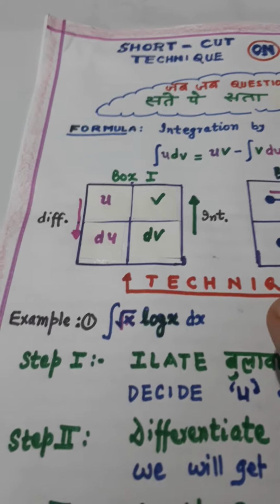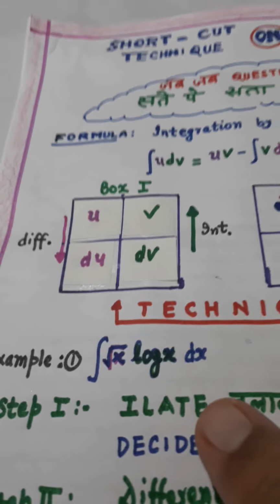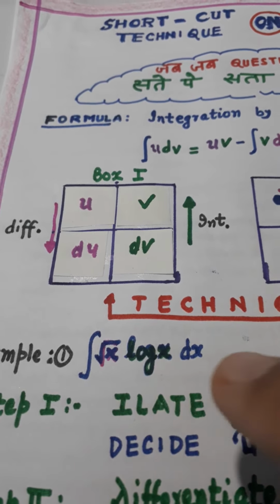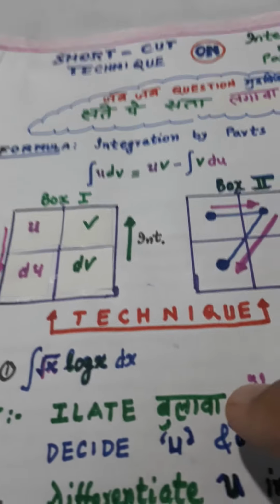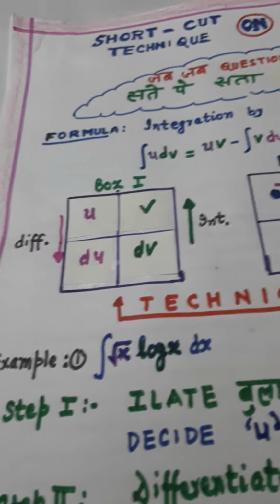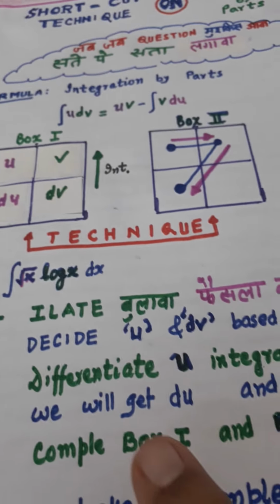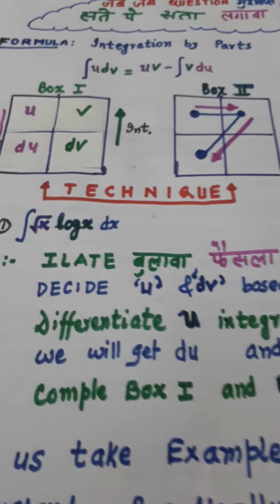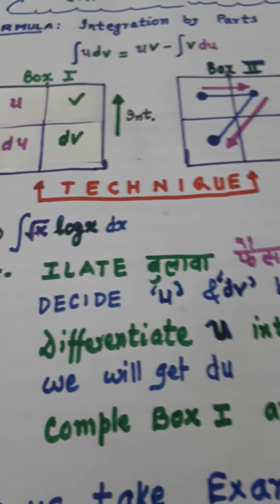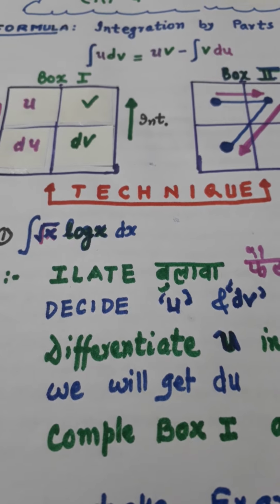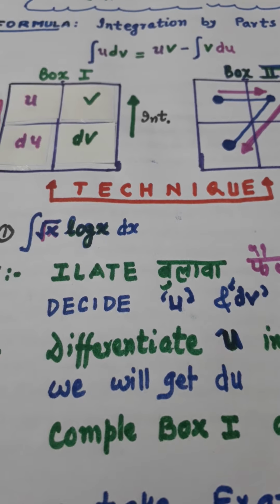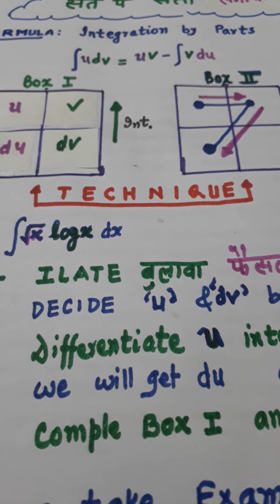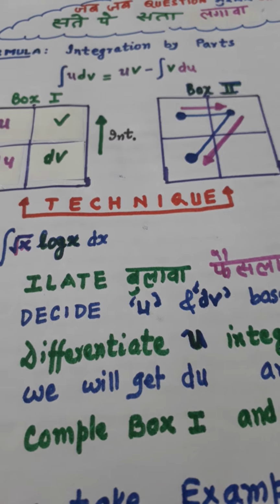Now let us take an example. Supposing this is the question. Now we have to proceed. First step is you have to proceed as per ILATE. As per ILATE, whatsoever function appears first in the sequence has to be taken first, and the second function is taken second.